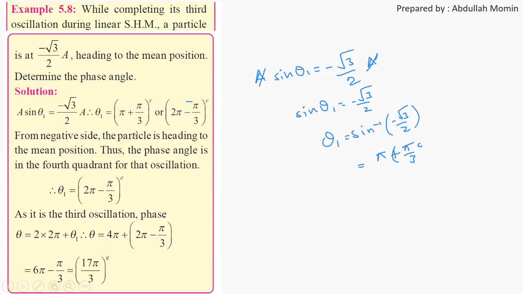For the negative side, the particle is heading to the mean position, so the phase angle in the fourth quadrant is 2 pi minus pi by 3. As it is the third oscillation, it has completed the second oscillation plus 2 pi minus pi by 3. When you solve it, you will get 17 pi by 3 radian.